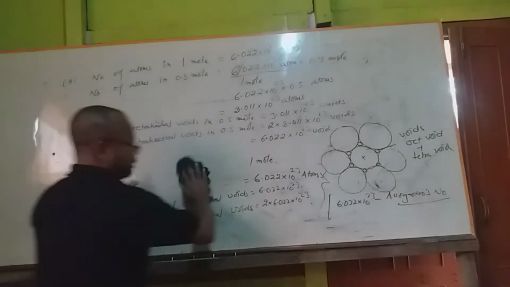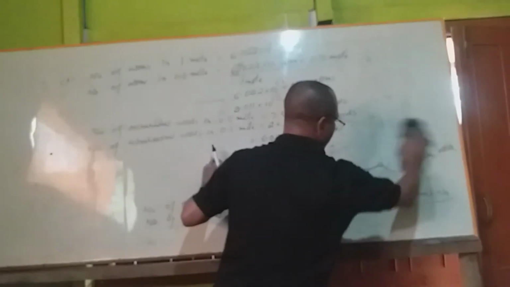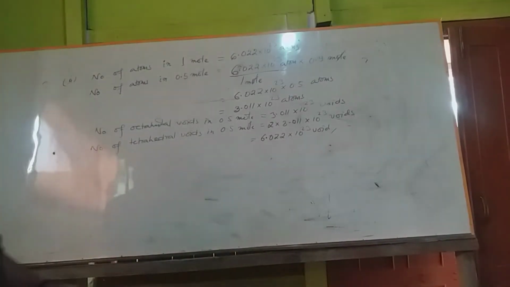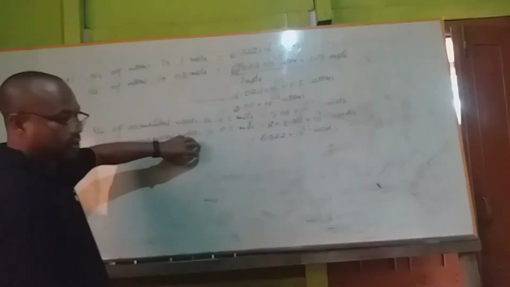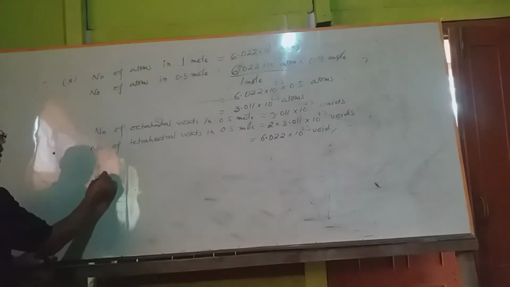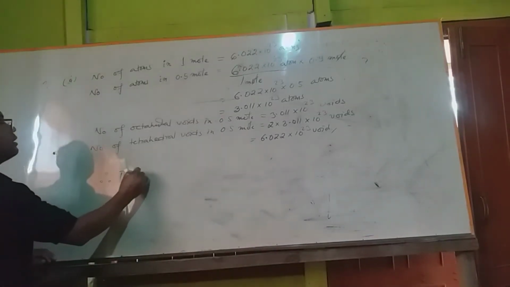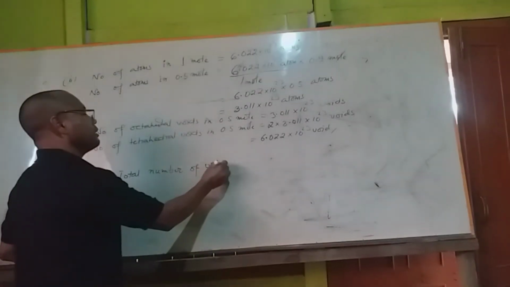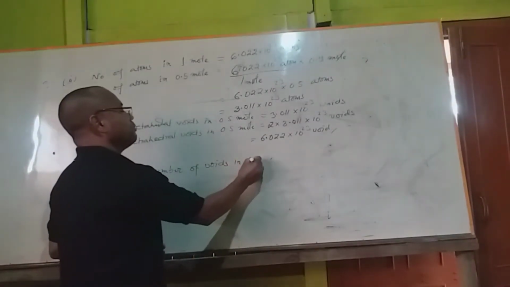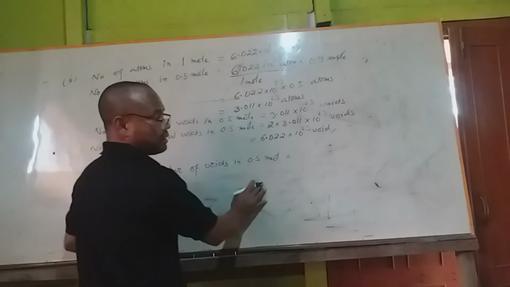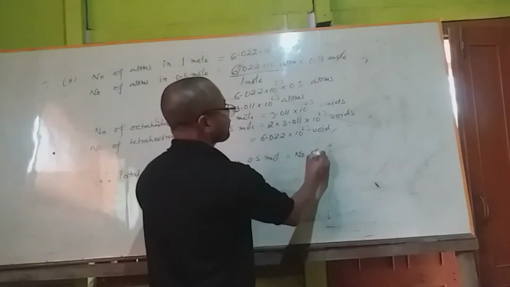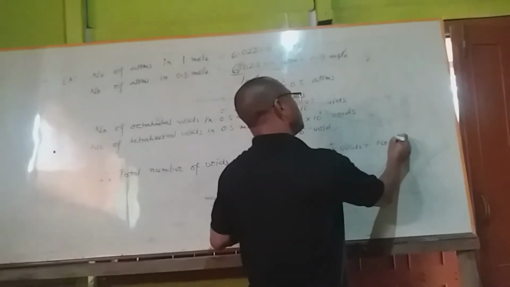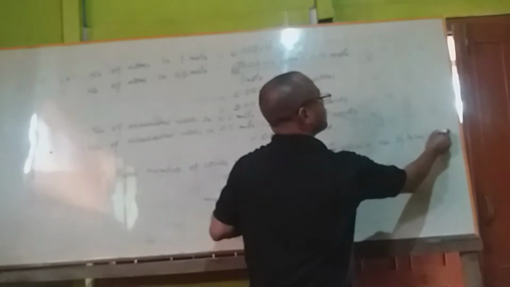Now our question is, what is the total number of voids? In our close packing we have two types of voids, one is the octahedral void and another is the tetrahedral void. Therefore the total number of voids in 0.5 mole is the number of octahedral voids plus the number of tetrahedral voids.